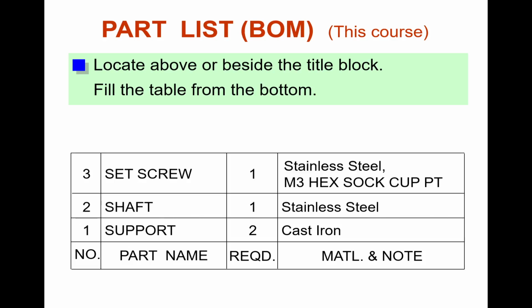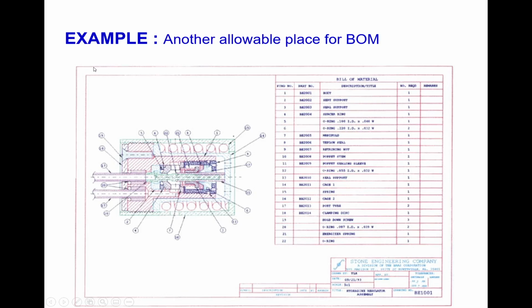Okay, so dia punya table name ni dekat bahagian bawah sekali. Lepas tu letakkan dia dari nombor 1, 2, 3 naik ke atas. This is an example. Dekat mana you boleh letak part list ni atau bill of material. Okay, buat macam ni pun boleh.